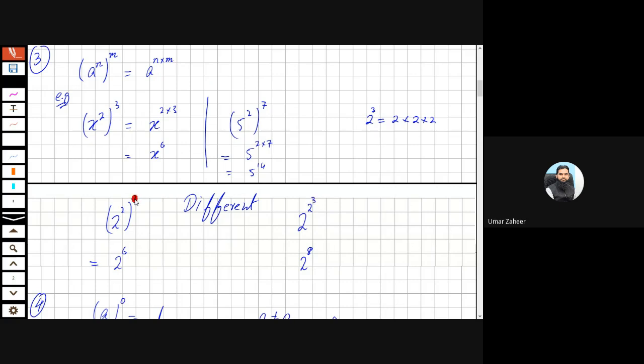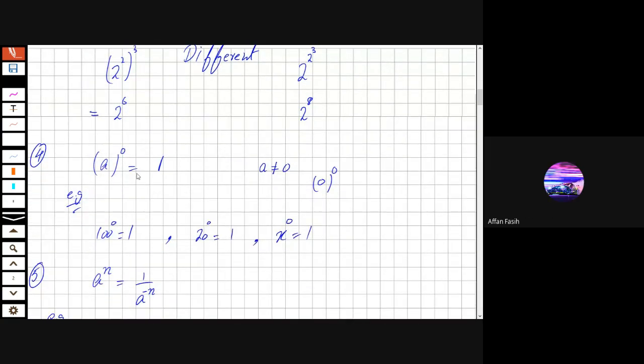Here you have the power of 3 as the whole. Is it clear? Yes, sir.